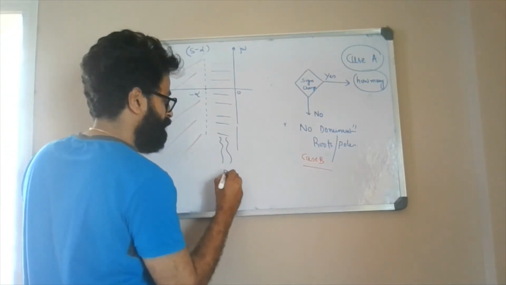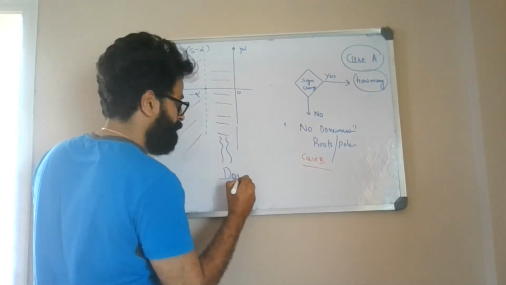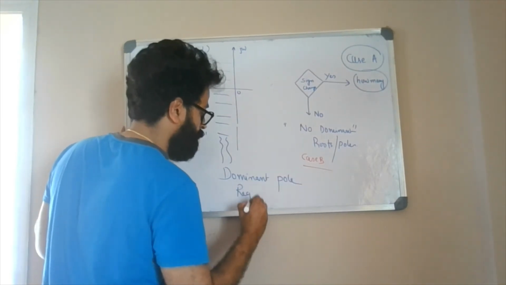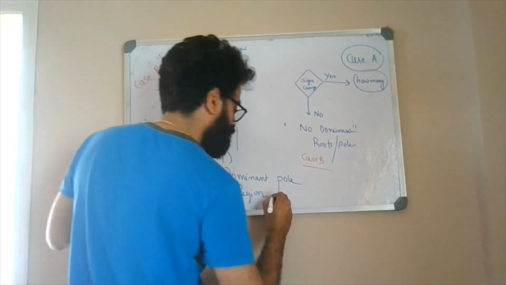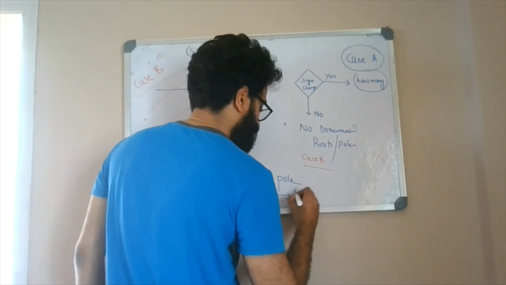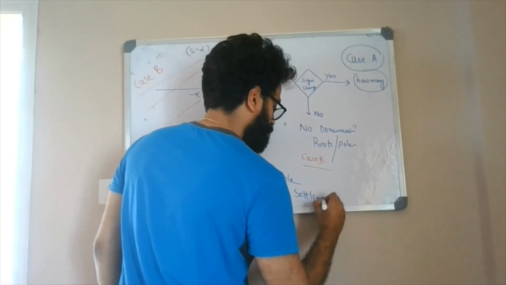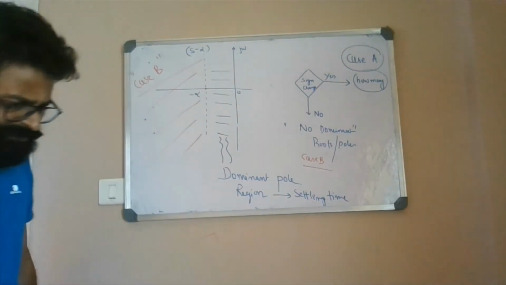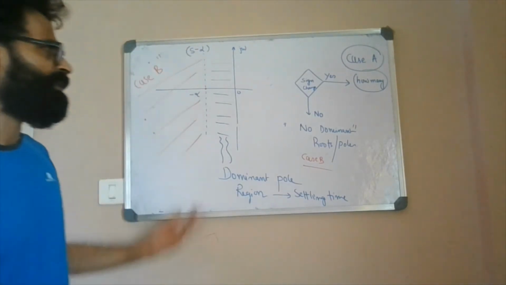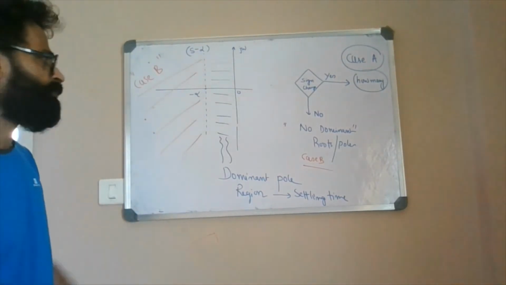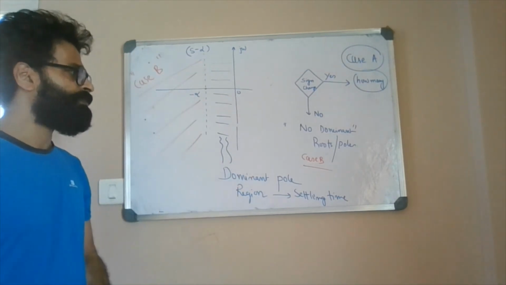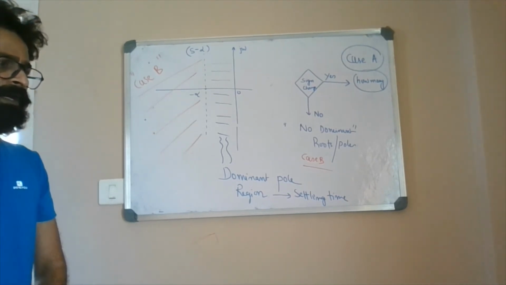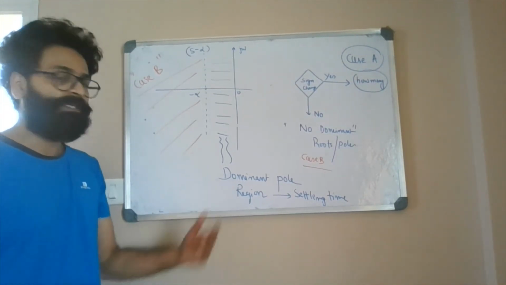This is your dominant pole region, which eventually affects your settling time. This way, we can pictorially show the presence of dominant roots, and you can use this diagram to explain the concept of judging the relative stability of a system using the RH criteria.